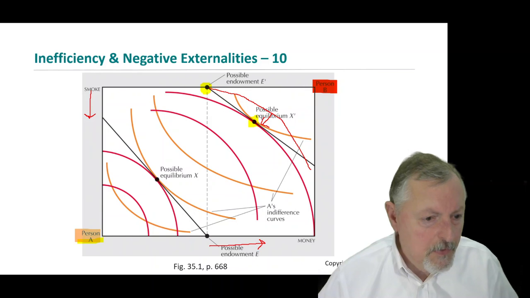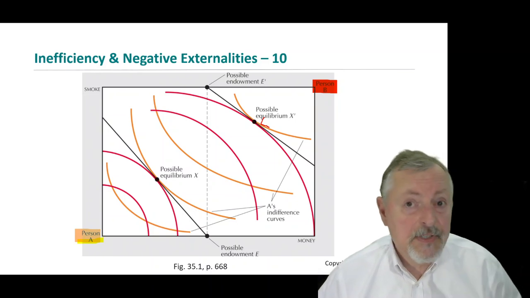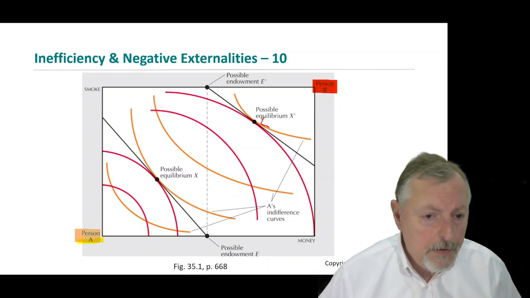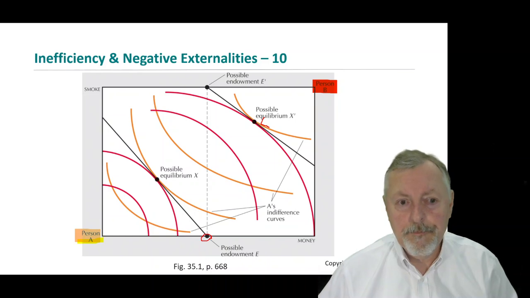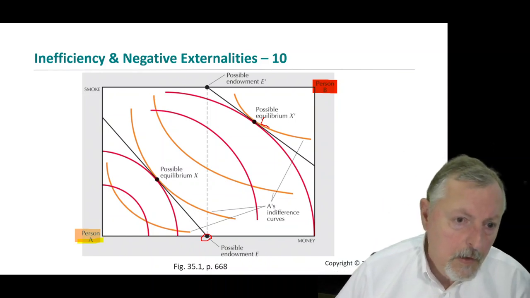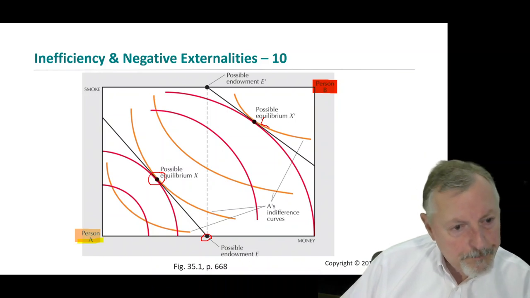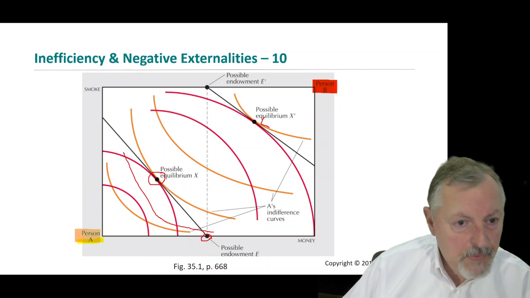And the same thing works if you start with the opposite initial endowment. If you start here, again, they each have half the money, but now there's no smoke. Going there puts person A from that kind of indifference curve up to there.